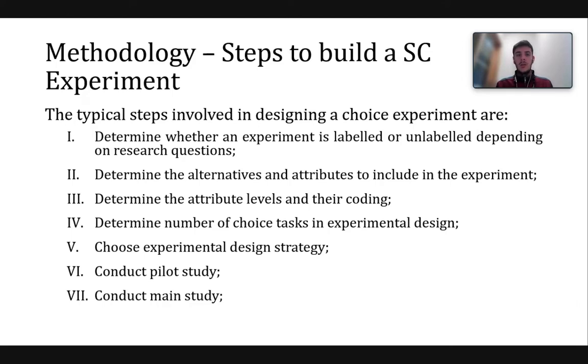But what I would like to do is ask you, since the second step is to determine the alternatives and the attributes to be included in the experiment, what do you think are interesting attributes for the research question that I just mentioned to you?